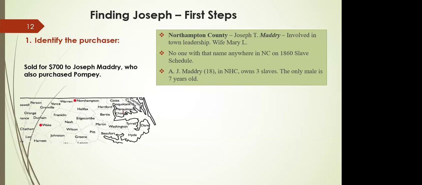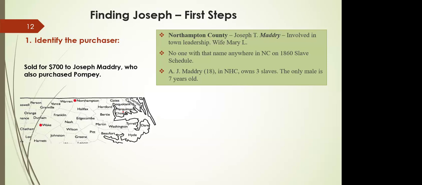Okay, so there's no Joseph Maddrey anywhere in the state of North Carolina on the 1860 slave schedule. There is an A.J. Maddrey who also lives in Northampton County, but he's only 18 years old. He owns 3 enslaved persons, and the only male is a 7-year-old. So I'm like, that's kind of a stretch.